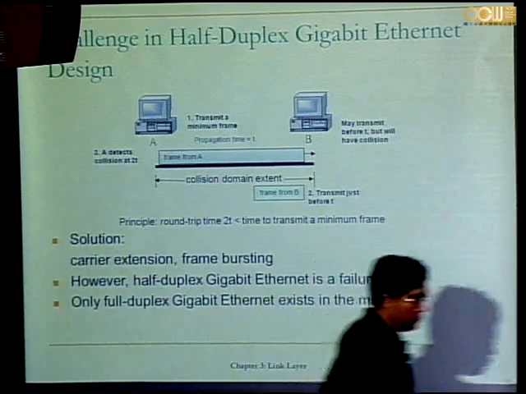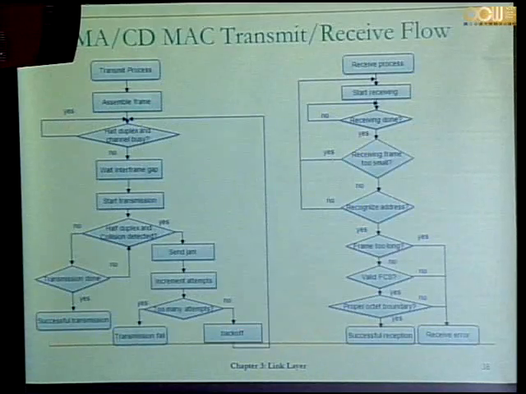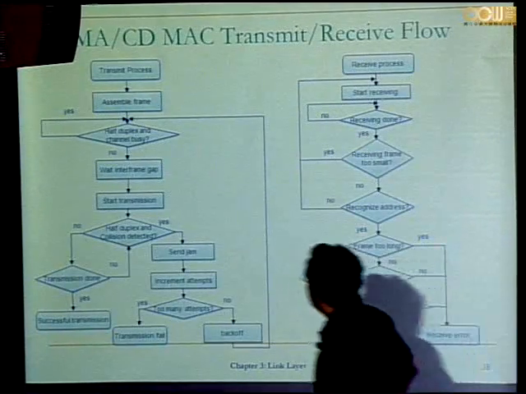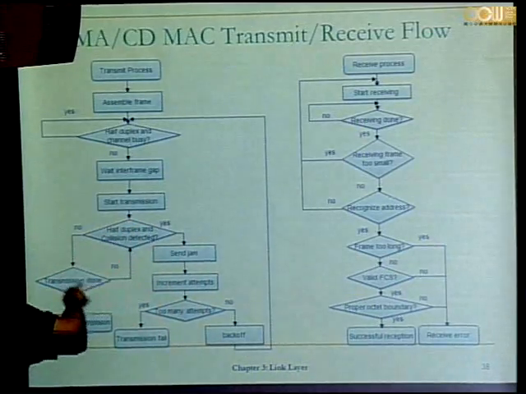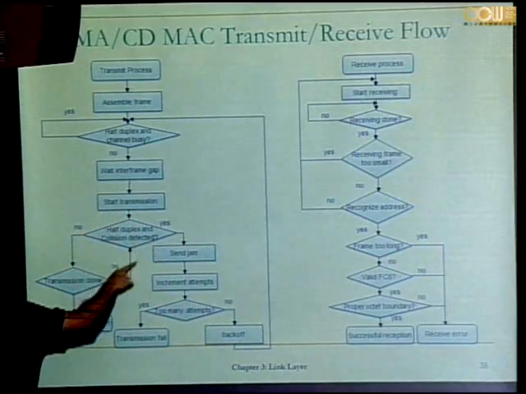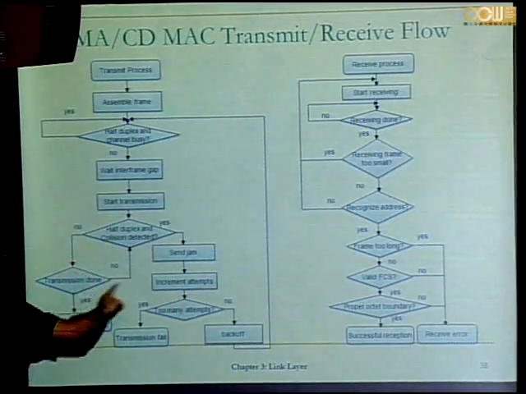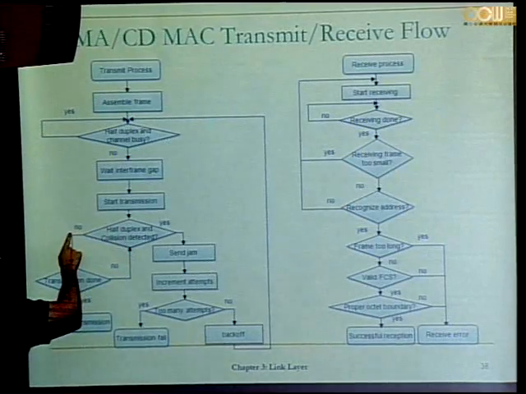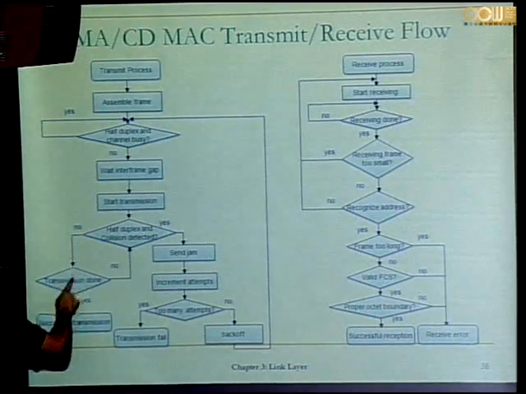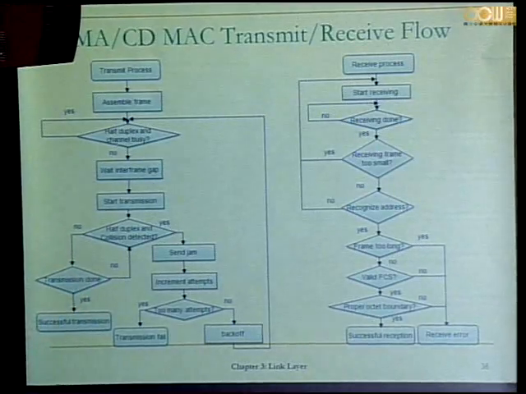See, in this flow chart, if I'm sending the frame here, no collision, and I finish the transmission, so it's done here, successful.